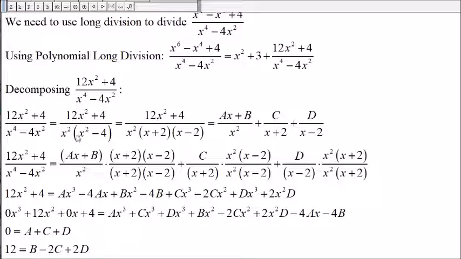And so we get x squared times (x squared minus 4). x squared minus 4, the factors are x plus 2 and x minus 2. x squared is a quadratic factor, and so we will have Ax plus B over x squared. x plus 2 is a linear factor, and so we have C over x plus 2. x minus 2 is a linear factor, so we have D over x minus 2.